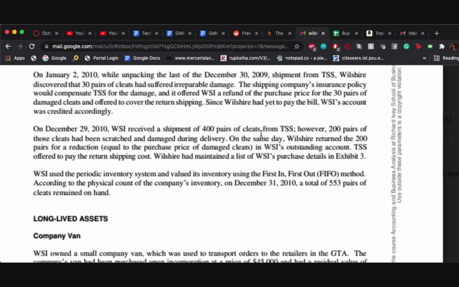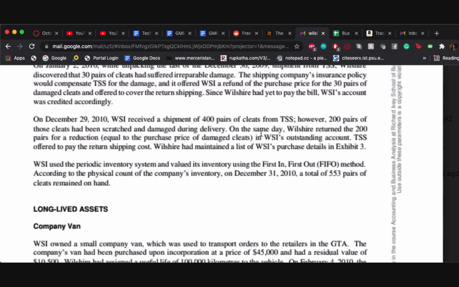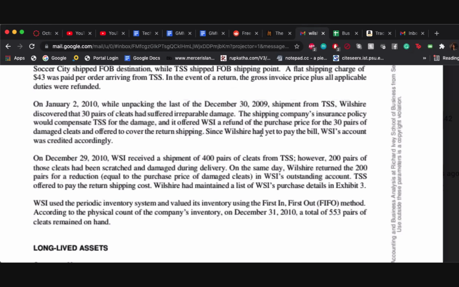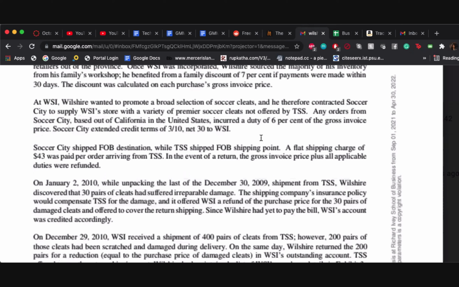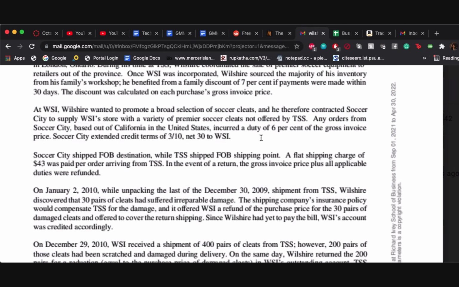Yes, absolutely. So, FOB shipping point and FOB destination basically just refer to when we gain control of goods, but we don't really have to worry about that in this case because they give it to us in the exhibit, and we're going to add all of it together.